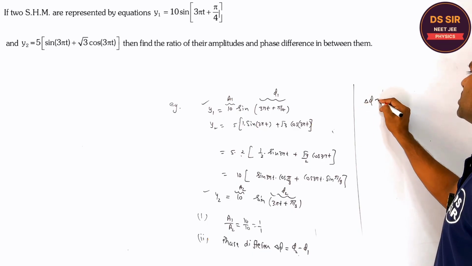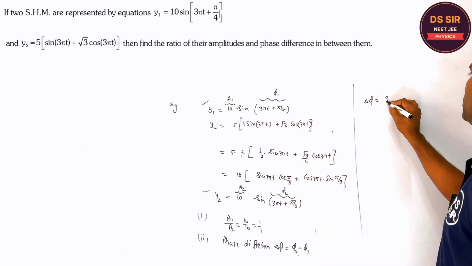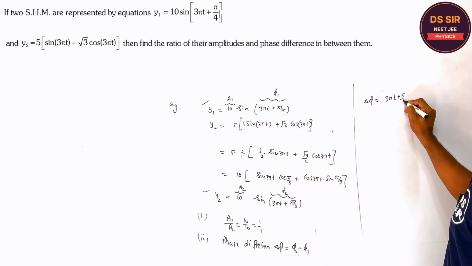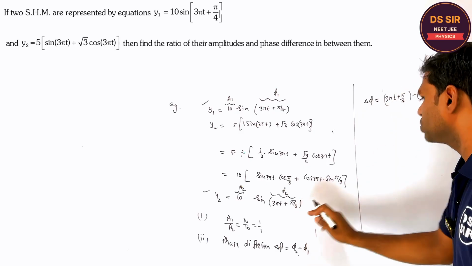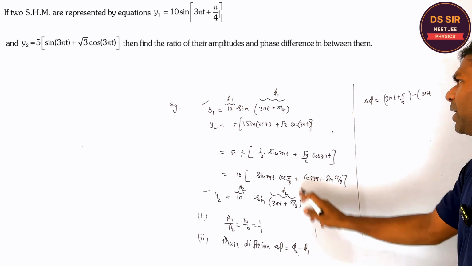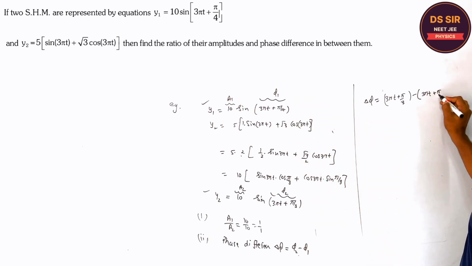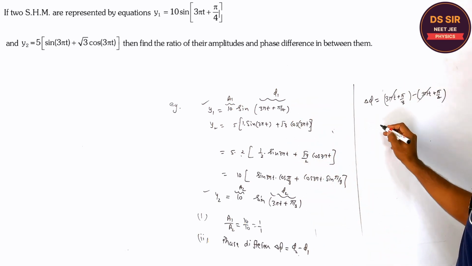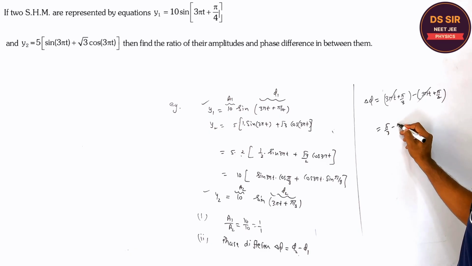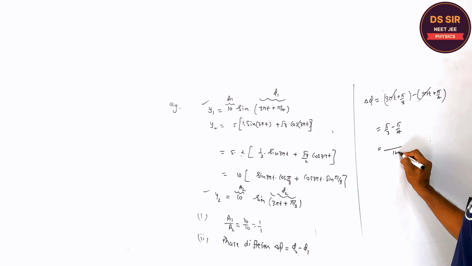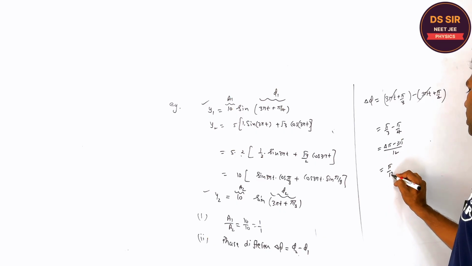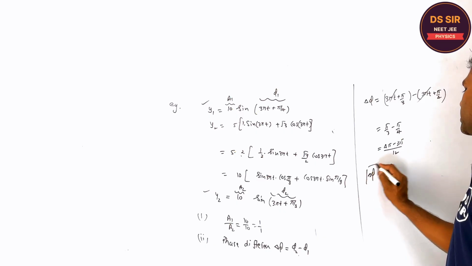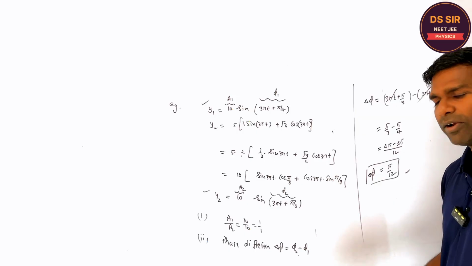The phase difference is, this is phi 2, 3 pi t plus pi by 3, minus 3 pi t plus pi by 4. The 3 pi t will cancel. So pi by 3 minus pi by 4. So it is 12: 4 pi minus 3 pi is equal to pi by 12. So what is the phase difference? Pi by 12. Is it right?